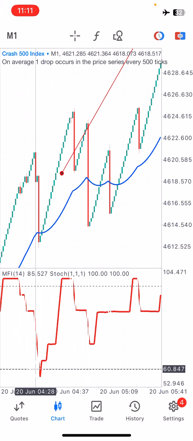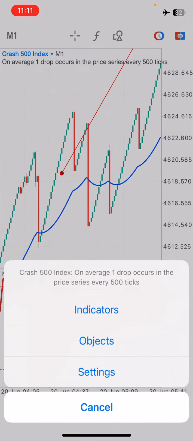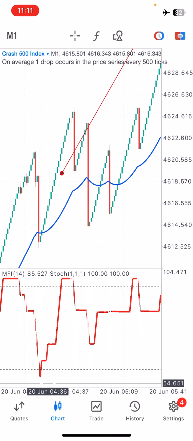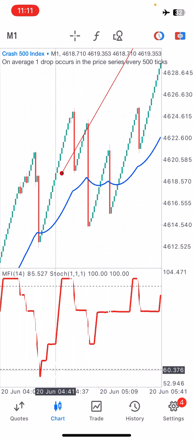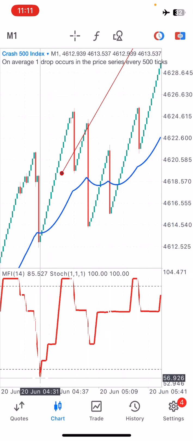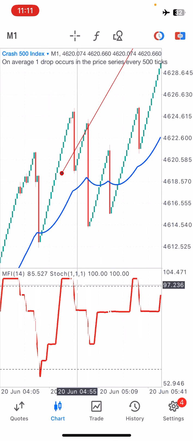That's how this indicator works. It's basically called the money flow index, which means it's going to tell you where the money is at any particular point in time. Whenever you get to this level 15 at the bottom here, it means the money flow index is telling you that people are adding money to sales and we are about to go up because we are in an uptrend.